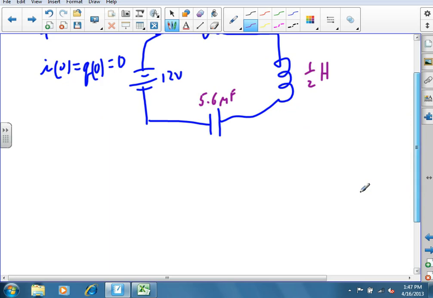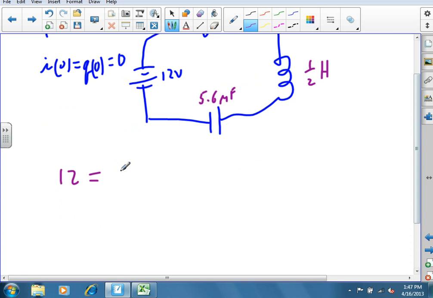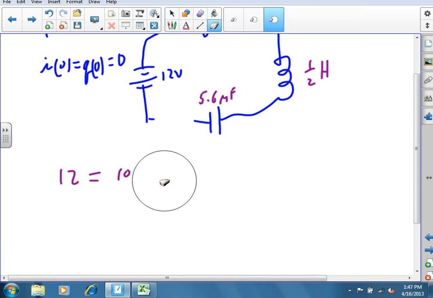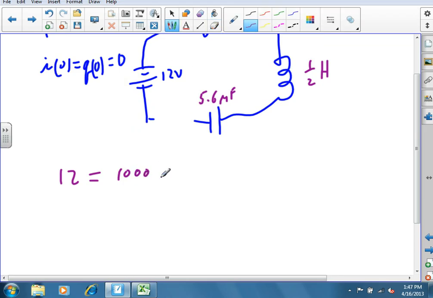Microfarads. All right, so 12 is equal to 1,000 times the derivative, q prime, plus 1/2 q double prime plus 1 divided by 5.6 E minus 6, times q.